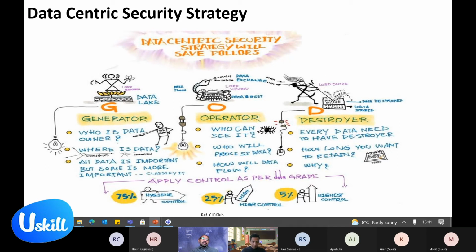First of all, 75% of data is not that critical. So in the whole organization, for mostly 75% of the data, you just have to check that the basic hygiene level for data security is there. Then the other 25% of data being generated in the organization should have a high level of controls.